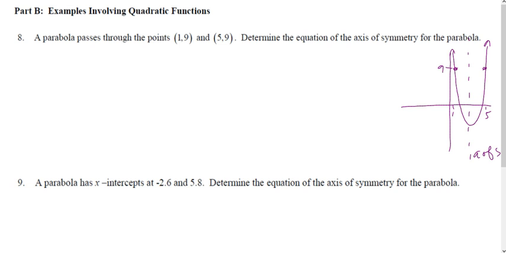Okay, but we're doing this a little more formally, right? So if you need to, you just draw a little sketch to remind you that, okay, if I have these 2 points, and they're on a parabola, I just draw a parabola, and the axis of symmetry is halfway between them.